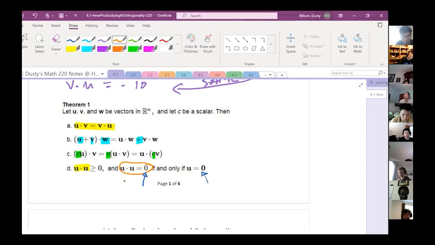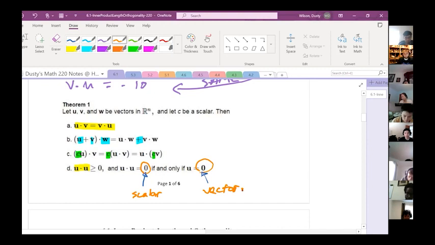Sorry, in general it would be when they're perpendicular, but in this case it's 0 if and only if u is the zero vector. I want to point out that the 0 that's here is a scalar, and that would be if and only if u equals 0, and this is the vector 0. Yeah. Thank you for that, Evan, Ratana, and Sammy. Any questions so far?